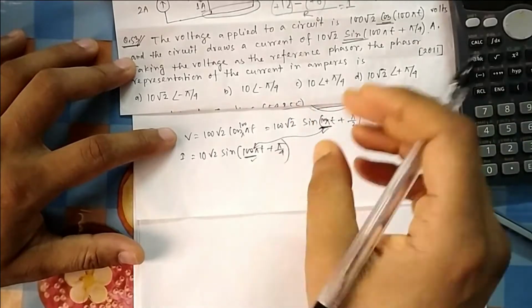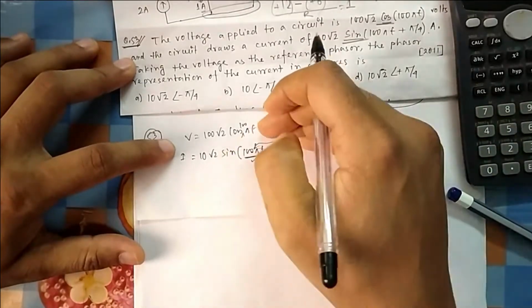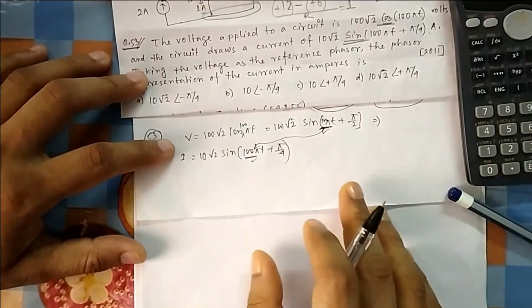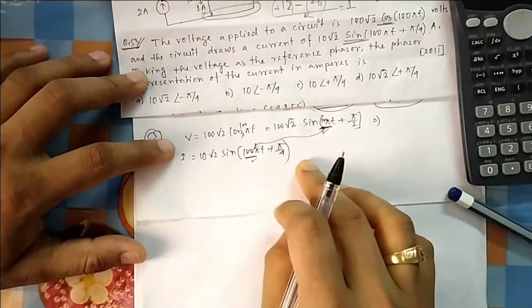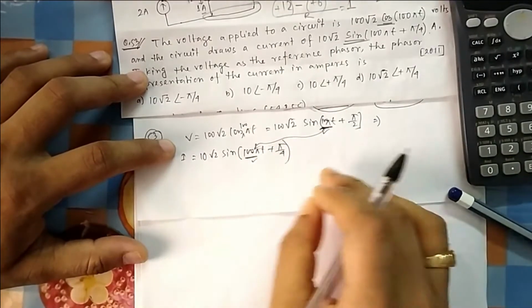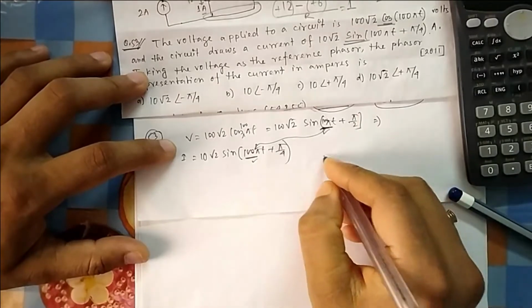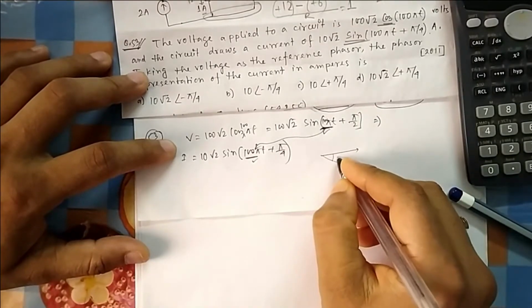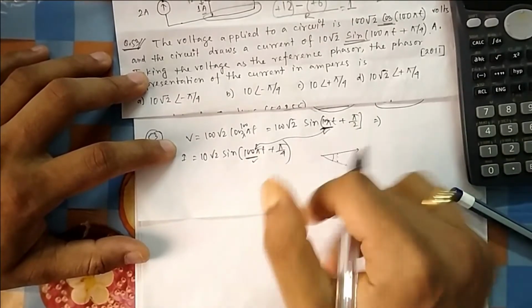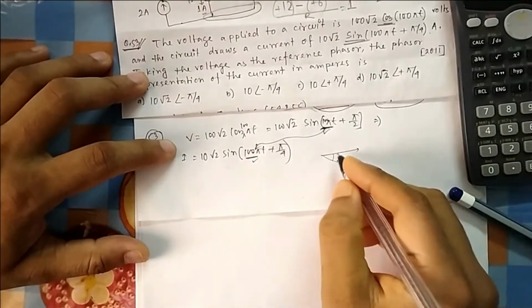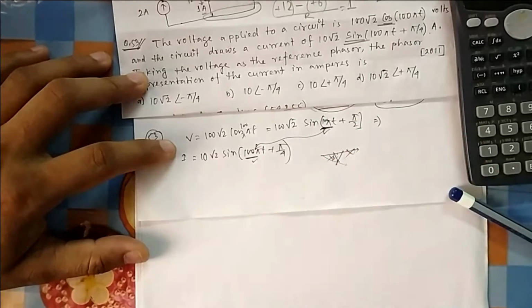Then you can write one phasor with respect to another. If the frequencies are different, you cannot, because one phasor will be rotating at one speed and the other at another speed, and the angle between them will continuously change. There will not be a fixed angle. Like here there is a 45-degree angle, and we say it is fixed because both move at the same frequency. If they move at different frequencies, the angle is not fixed, so you cannot draw the phasor diagram. So this is the first condition.